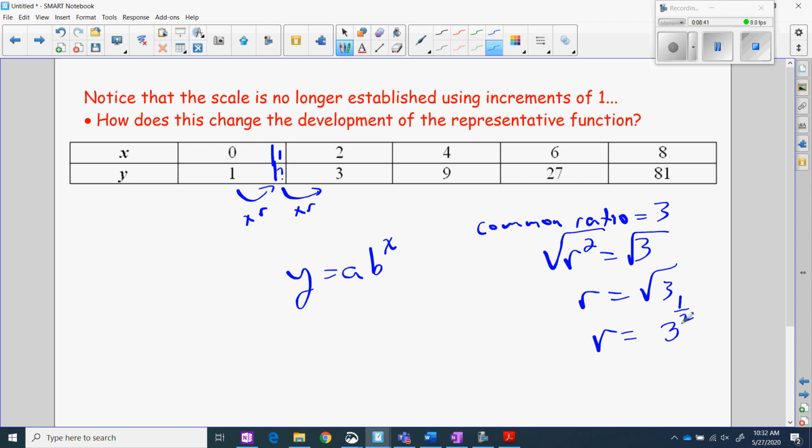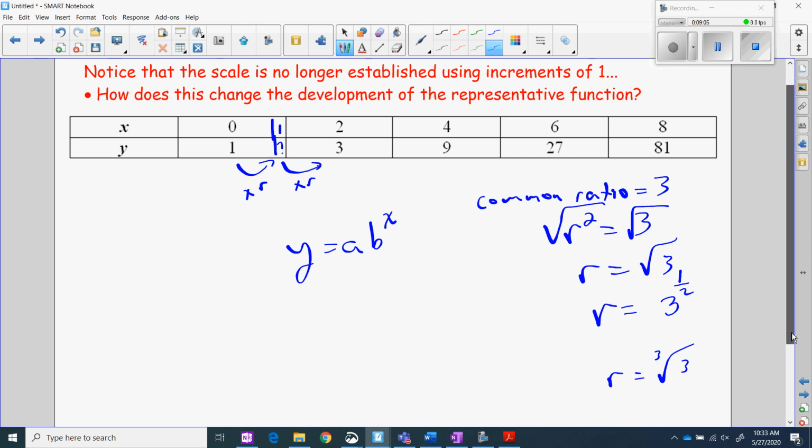This is the key. Notice here that the denominator, the 2, coincides with my scale. I mentioned to you, imagine that this had went 0, 3, 6, 9, etc. Well, then this would have been r cubed equaled 3. When I get down here, r would have been the cube root of 3 instead of the square root of 3 because I would have multiplied by r 3 times.